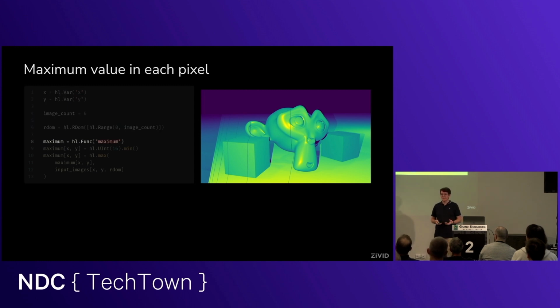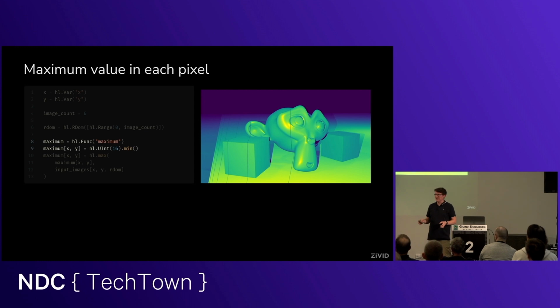Then we define our maximum function. And now we first give it the initial function definition. And this is a very roundabout way of saying that we initialize it to 0, but I'm putting it with the min value of a uint16 here just to show that that's good practice if you later decide to change the type, so that you actually get the minimum value of int16 if you should change to that later.